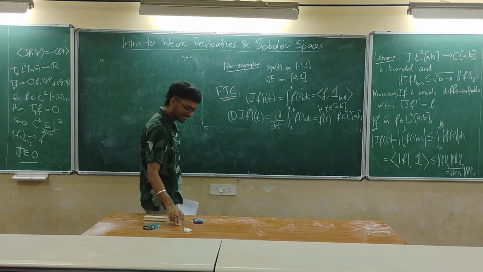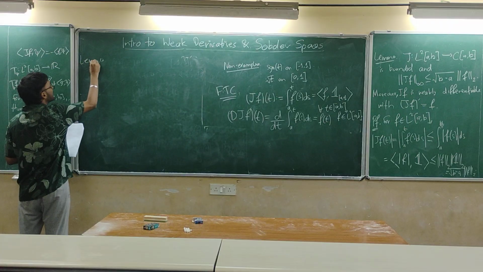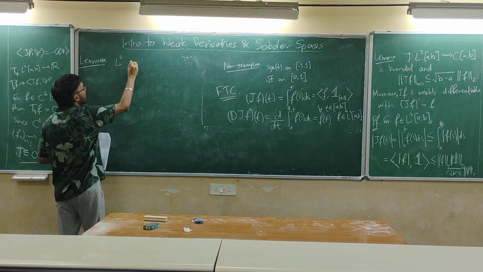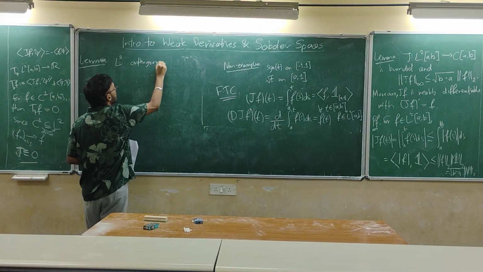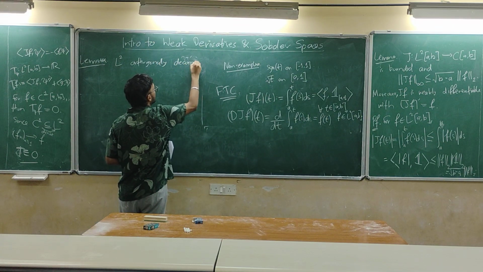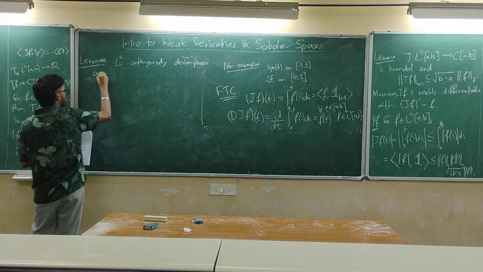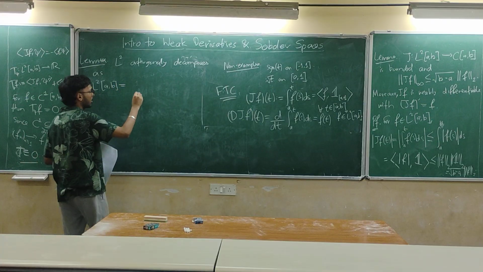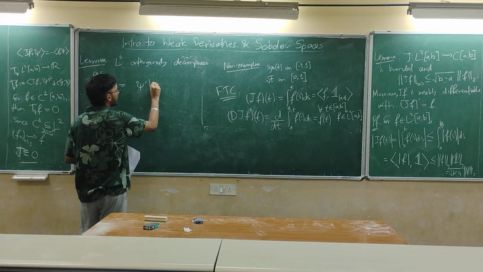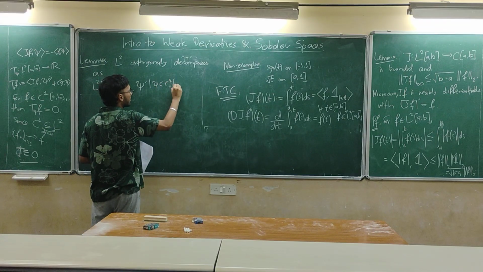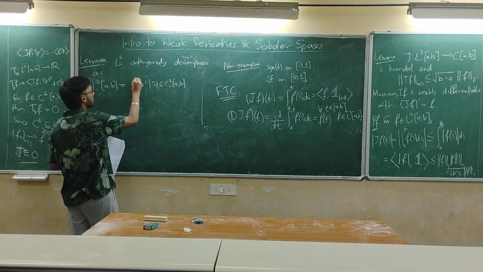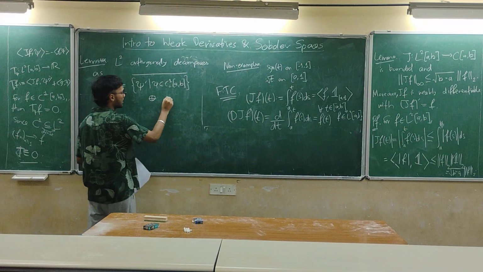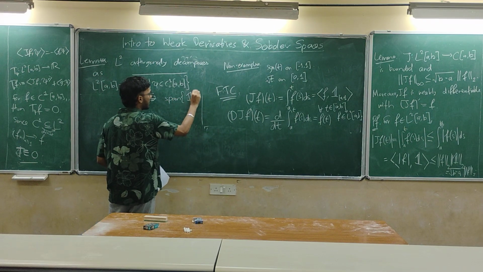To show that, we need a little bit of a heavy result, which says that L squared orthogonally decomposes as the derivative of a test function, the closure of it with respect to the norm, plus the span of the identity function.